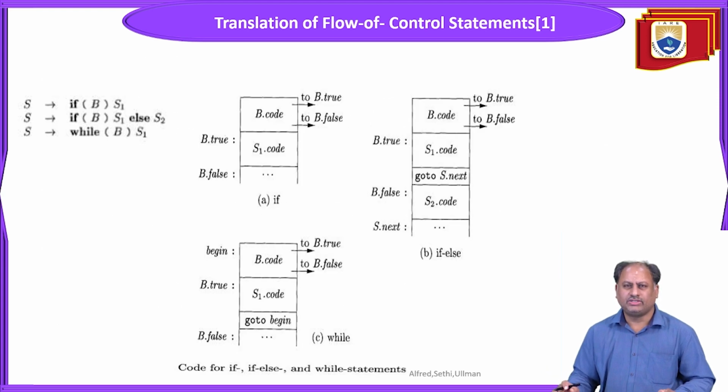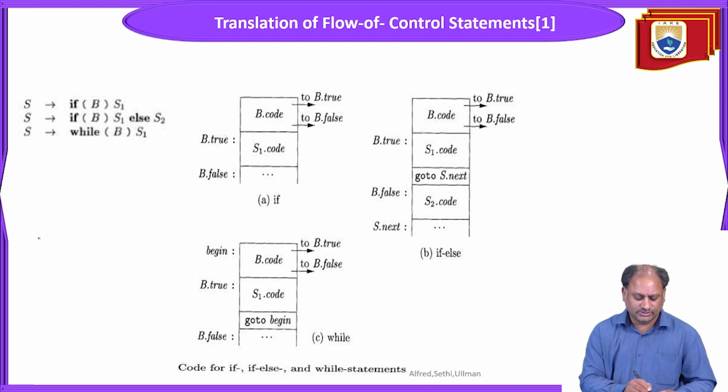See here, the first structure is S derives if B then statement. Here we know that this is a Boolean expression. This Boolean expression is to be evaluated. This B dot code is evaluated.